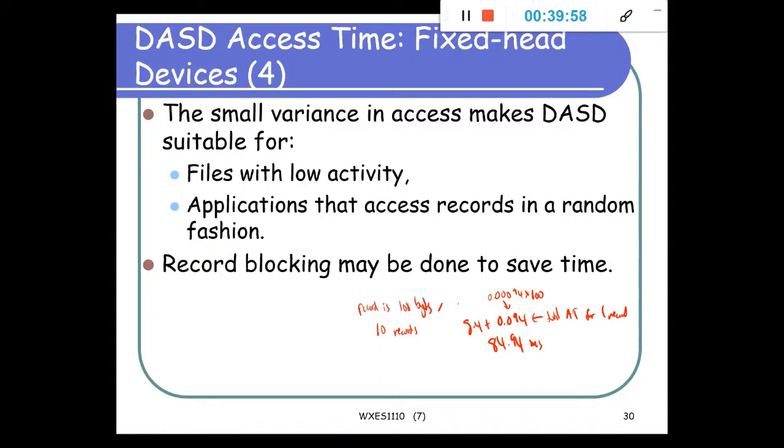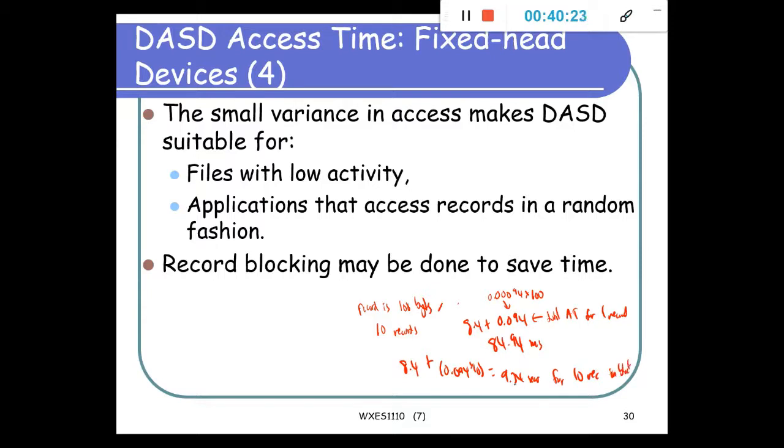Let's say we read a block of 10 records. You want to read one block of 10 records, so you have 8.4 plus 0.094 times 10, which equals 9.34 milliseconds for 10 records in one block.